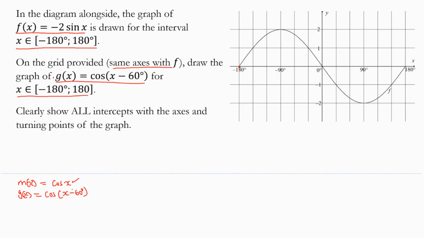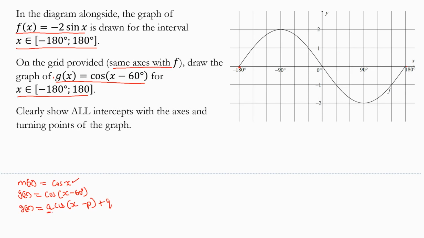Before that, we look at the effects of the parameters like a, p, and q. Let me call it g(x) still: a cos(x - p) + q.